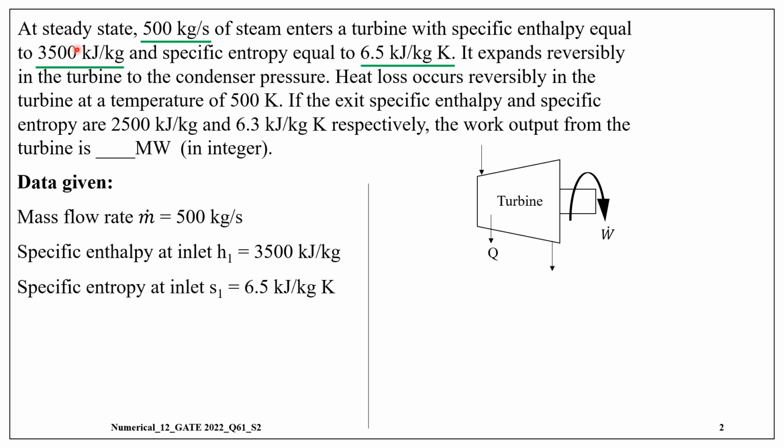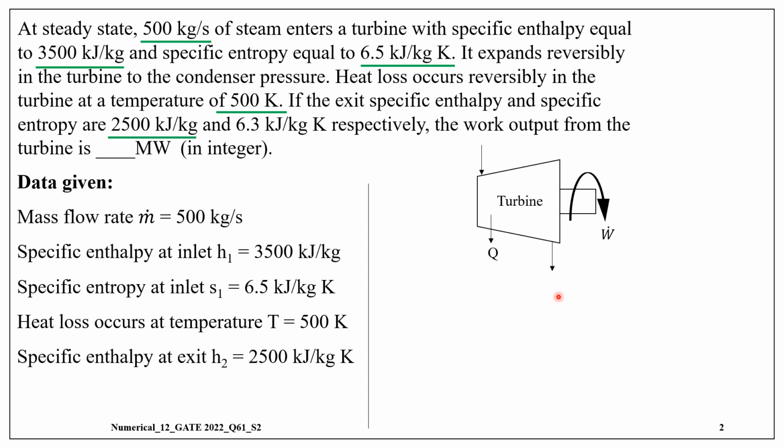Entropy, that is specific entropy at the inlet, is given as 6.5 kilojoules per kilogram Kelvin. Heat loss occurs at a temperature 500 Kelvin. What is the heat loss is not given, but the data given is the temperature at which heat loss occurs.